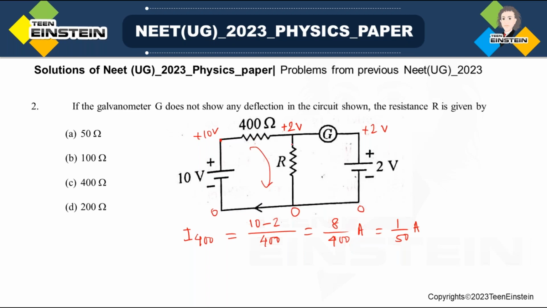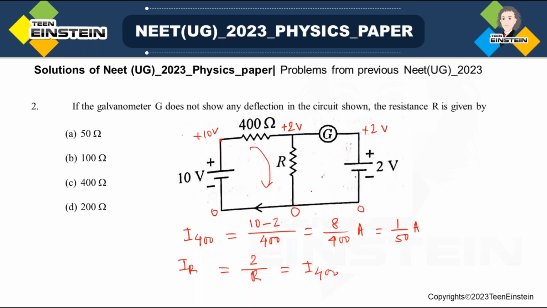Right, now see, the potential across this R is 2. Then I can write I through R will be 2 volt by R, and this is exactly equal to the current through this.